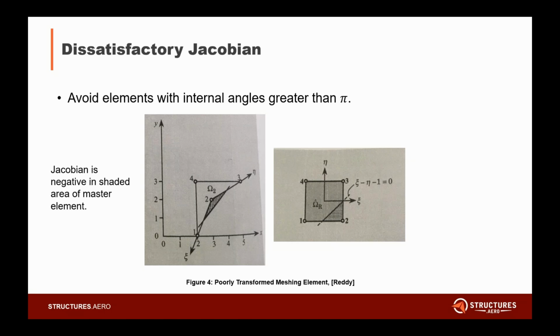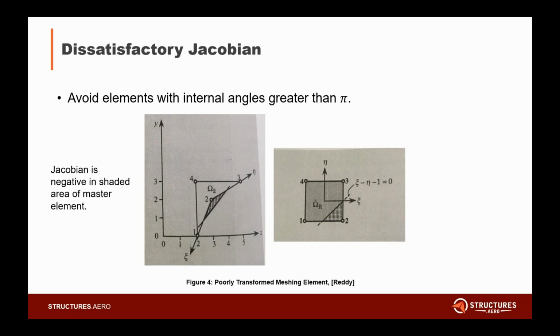When you have an element with an internal angle of greater than pi, it will not produce a satisfactory Jacobian everywhere in the master element on the right.